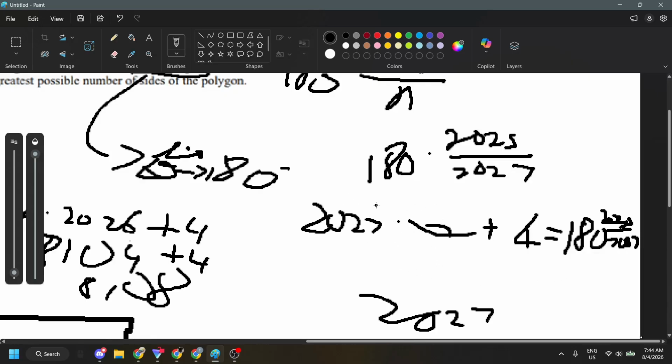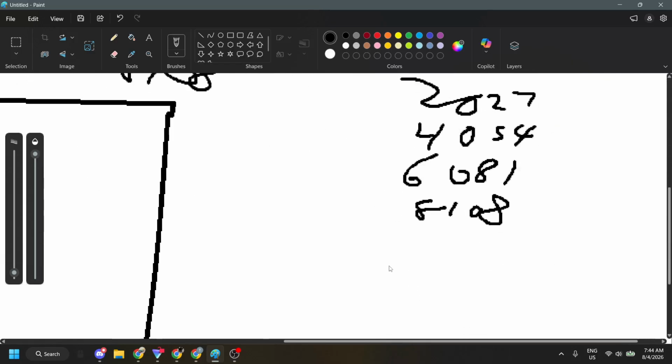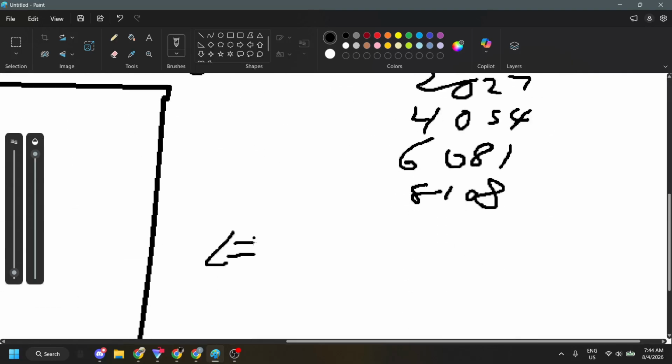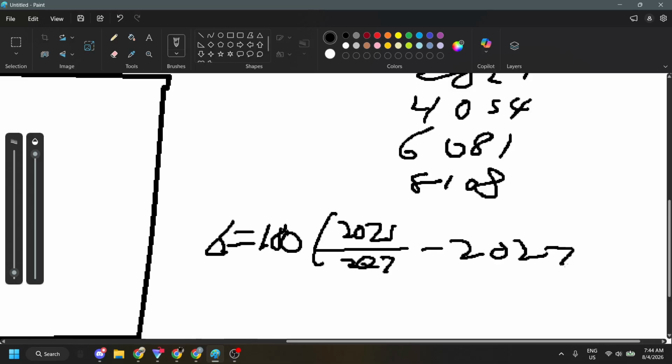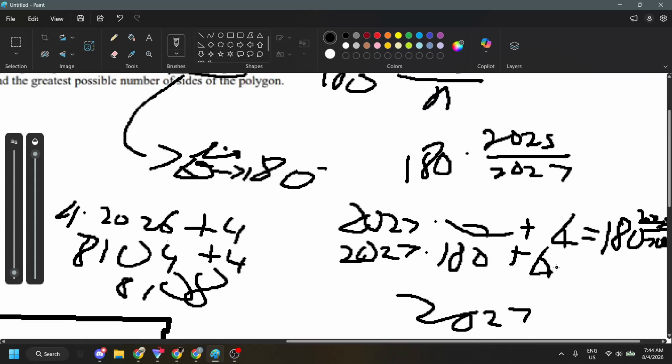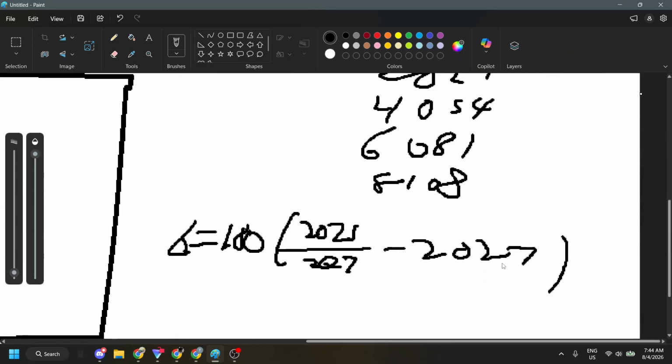So for the sake of argument, let's say this is 180, so 2027 times 180 plus acute. So we have acute equal to 180 times 2025 over 2027 minus 2027. See, this makes no sense. This just isn't even possible, because this is practically 1, and so this would be negative.